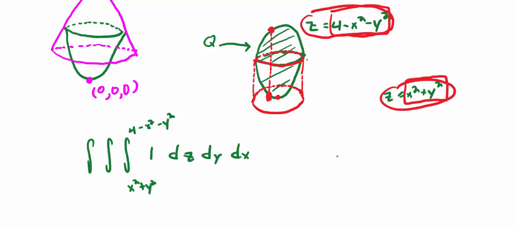So that's exactly what we're going to do. To find the region in the xy plane by projecting Q down into the xy plane, we're going to have to solve the equation that we get when we set the right-hand sides equal. So 4 minus x squared minus y squared equals x squared plus y squared. And what would be a good idea here?